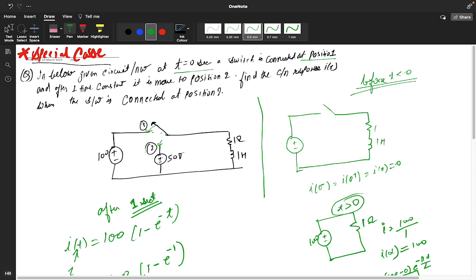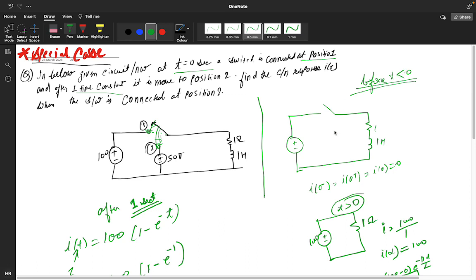And after one time constant, after 1 second, again this switch is moving to position 2. Right? Means they are doing two switchings. At t equals 0 second they are moving to this, and after 1 second again they are moving to this point. Right?